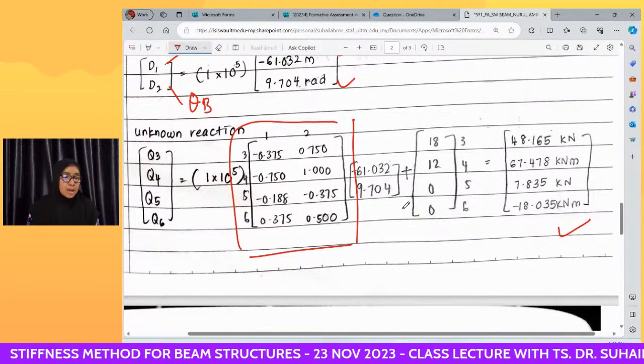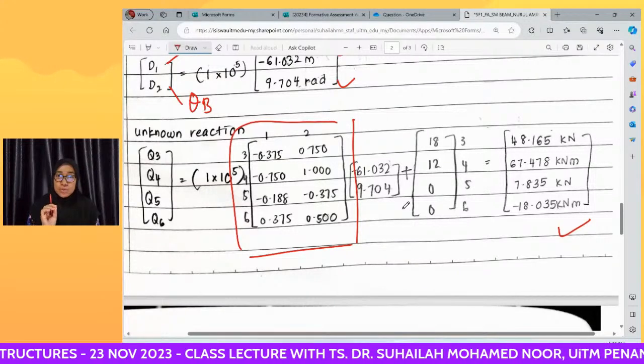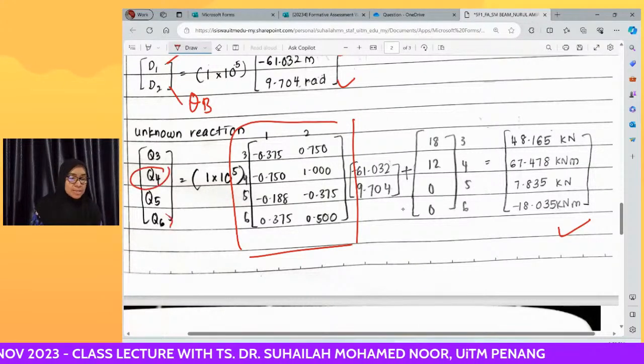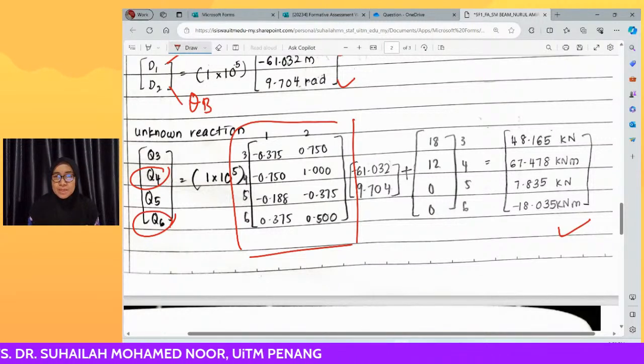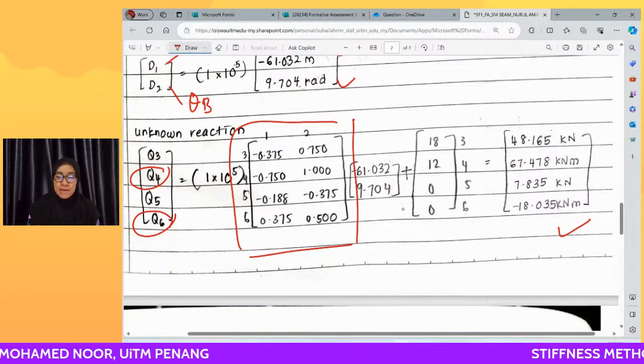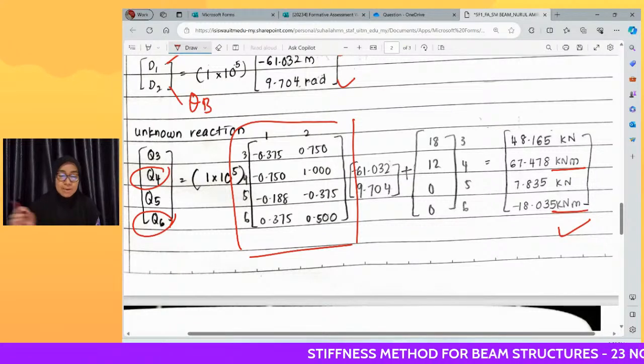So this is Q3, 4, 5, 6. Be careful: 4 and 6 refer to moment, so we have to put the right unit.